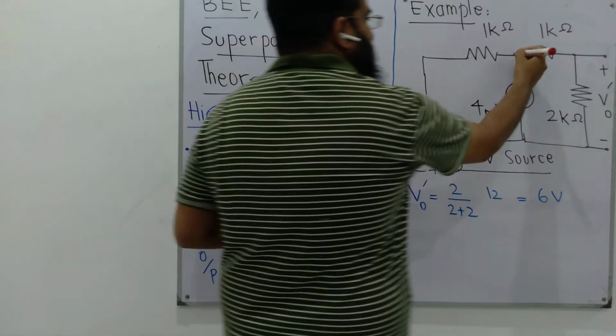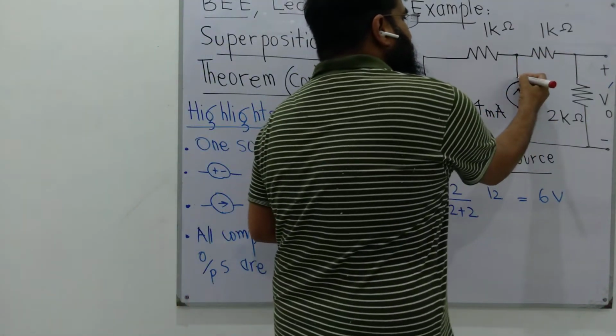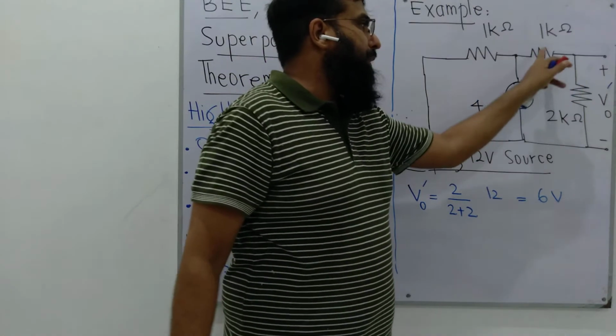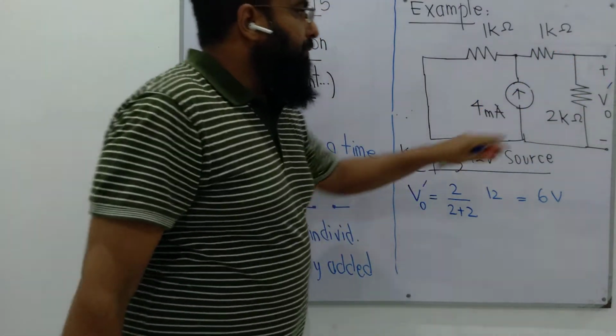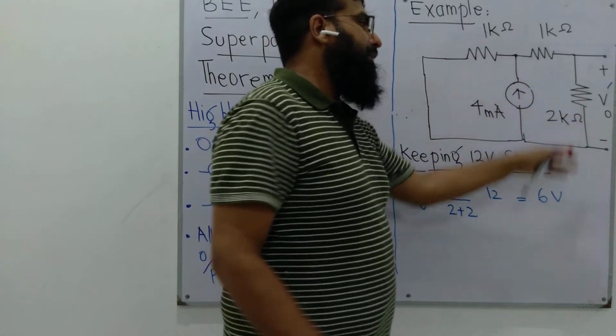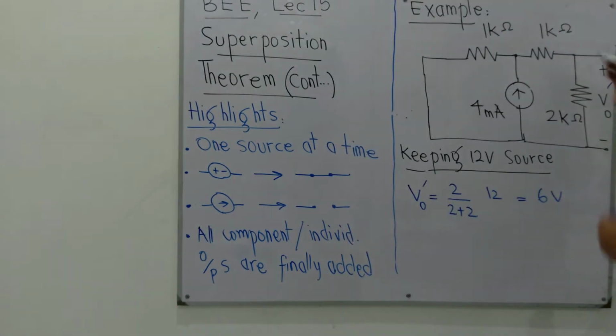Now at this point, this 4 milliampere current divides, and part of it flows through the 1 kilo ohm branch, part of it flows through this 1k plus 2k, 3 kilo ohm branch. Since we are interested in the voltage drop across the 2 kilo ohm resistor, we are interested in this current. So let's call the current in this branch I naught, and this V out dual prime.